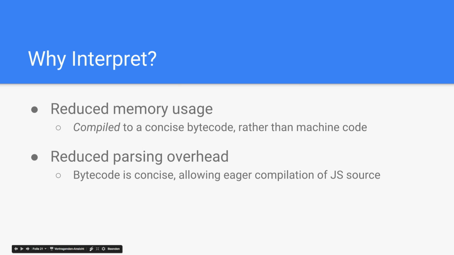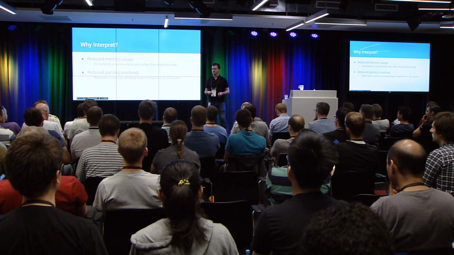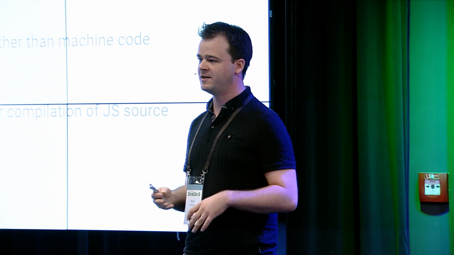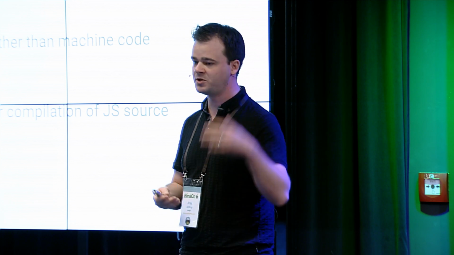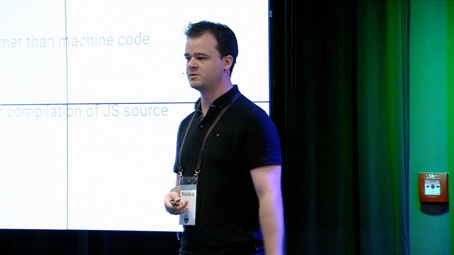We still need to parse to do that. But the bytecode is concise, so we can avoid that whole optimization that we do of trying to only compile code that we know is going to be executed, and therefore have to lazily parse the code again when the code is actually executed. We can just take the whole script, compile everything to bytecode, and then we parse it once.